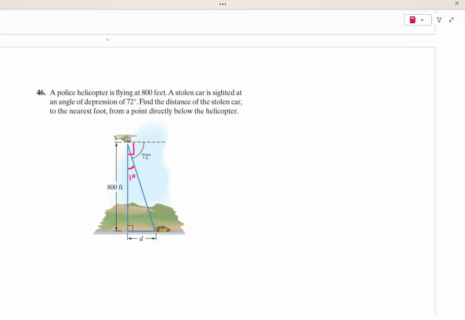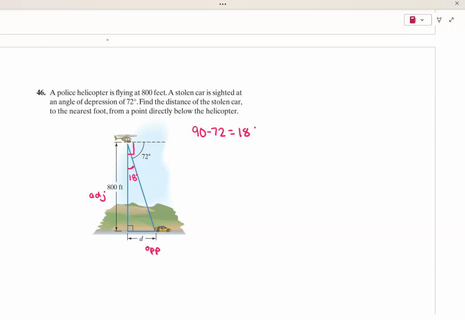So I know that this is 18 degrees. So if you need to, look at your triangle. You are given this angle. This is considered opposite, and this would be considered adjacent. So to get that angle, we did 90 minus 72, which is 18 degrees.